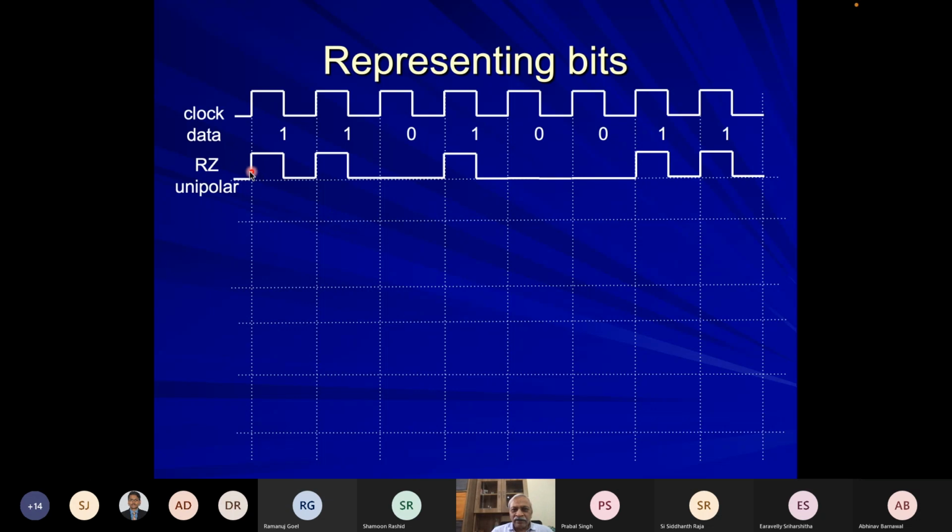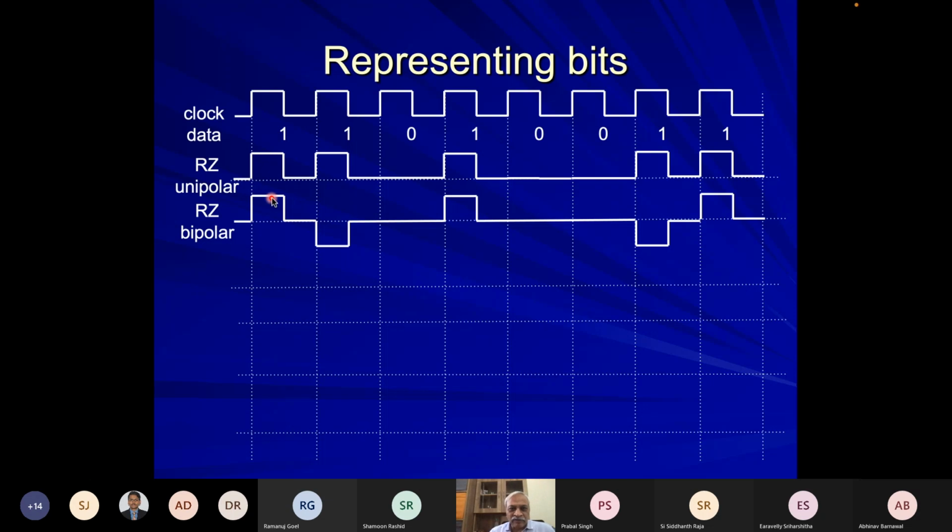RZ means that if it is 1, then you have a pulse and you return to 0. If it is 0, you remain 0. So the baseline is 0, and whenever there is a 1, you have a pulse. This is RZ unipolar.